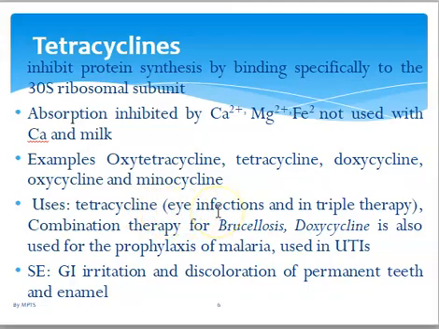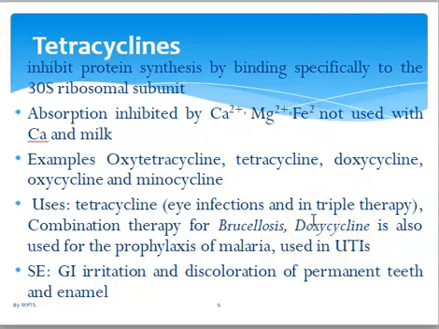Tetracycline ointment is used in infections in children, and tetracycline is also a component of triple therapy. Again, doxycycline is used in combination management of brucellosis, prophylaxis in malaria, and again in UTIs. I'm sure you're aware of this and you know the dose.